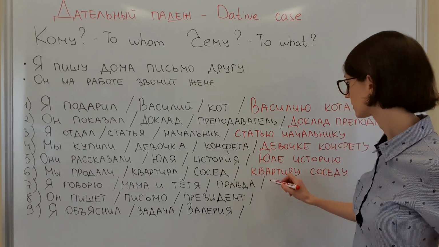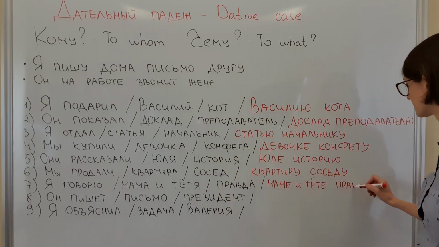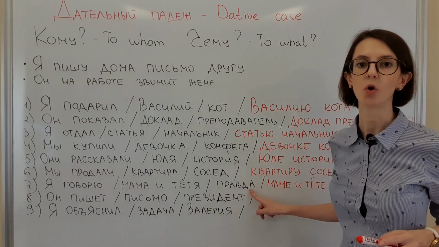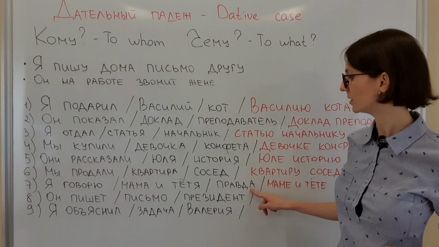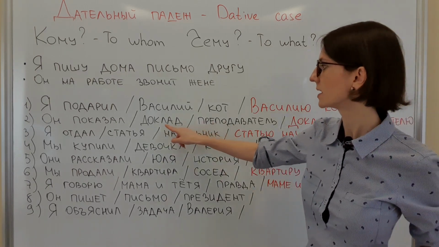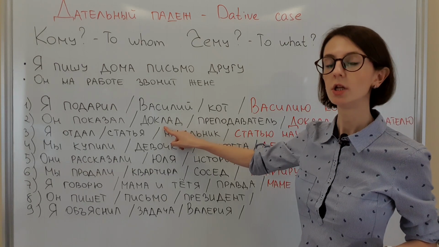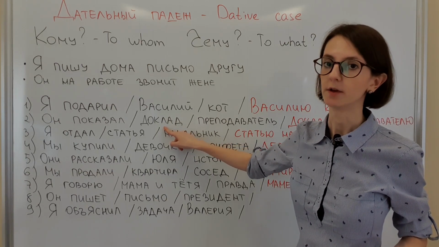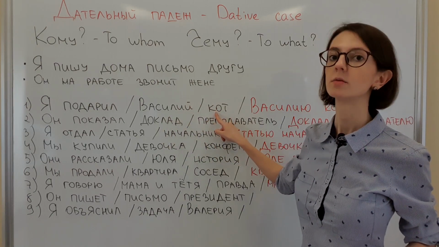Правду. Правда. This is a non-living feminine object, that's why we need to decline it. Otherwise, probably you notice that masculine non-living objects in accusative case we don't decline. Non-living objects, no. Living objects, we decline.